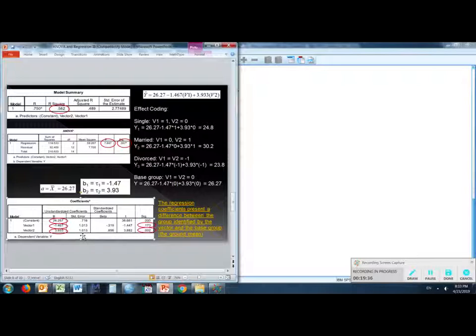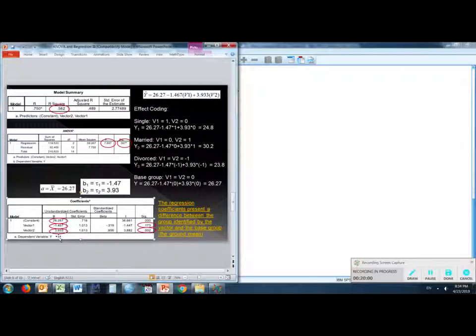And the significance test for the two vectors tells us if that group, such as vector 1, the single group, is significantly different from the grand mean, or if single people are significantly happier or unhappier than the whole population.